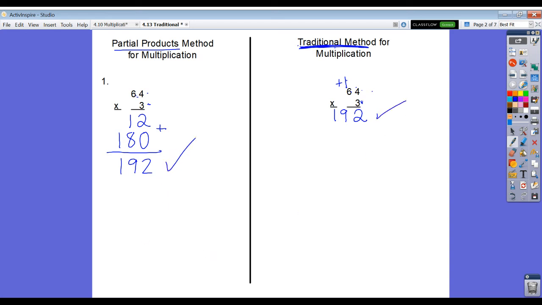So you got the same answer, just with a different method. And traditional does tend to be the most efficient method. Sometimes you'll like partial products for doing mental math or just if it helps you check your work. But you'll find a lot of mathematicians use the traditional method for speed and efficiency.